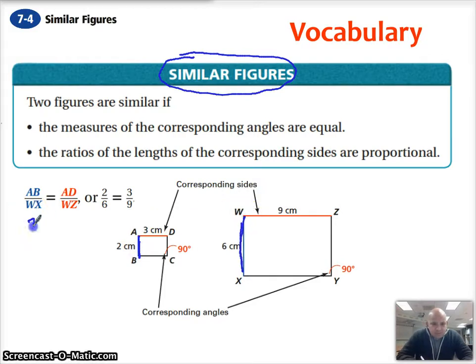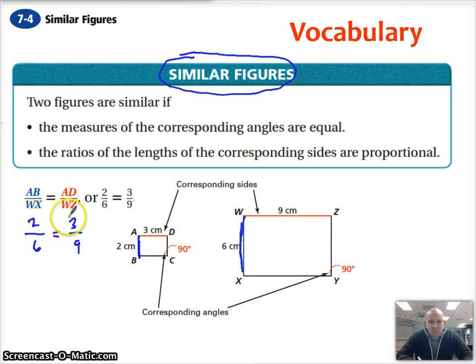AB is 2 centimeters. WX is 6 centimeters. It should be equal to the proportion of the other two corresponding sides, which is AD, 3 centimeters, to WZ, 9 centimeters.